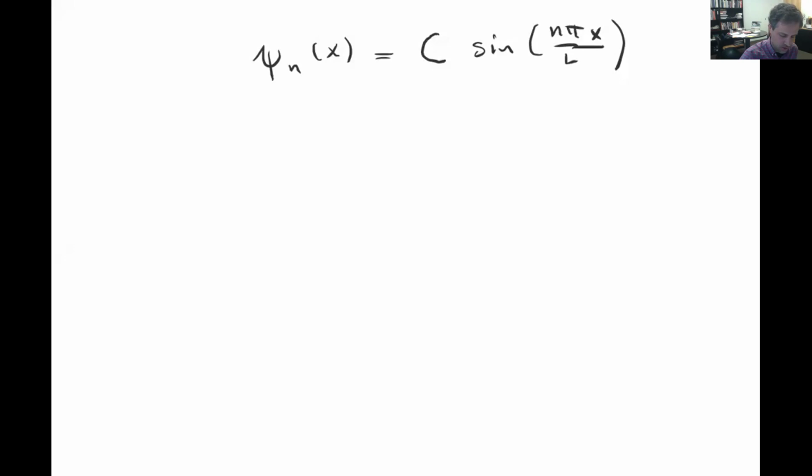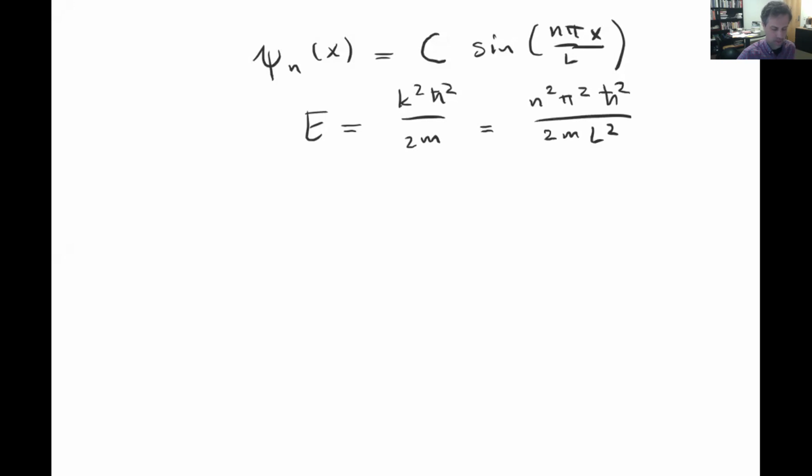I also noticed previously that if you know K, you know the energy. Why? Because there's a relation between K and energy: K squared is in the expression for energy, and I know what K is. It's n pi divided by L. So if I take the square of that, what I find is n squared pi squared h bar squared divided by 2m L squared.